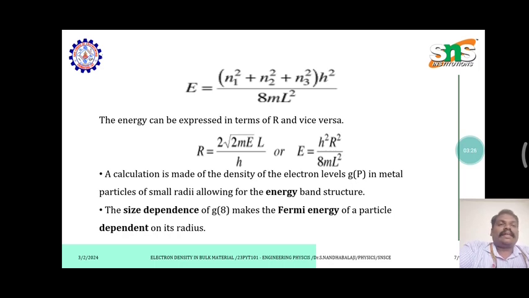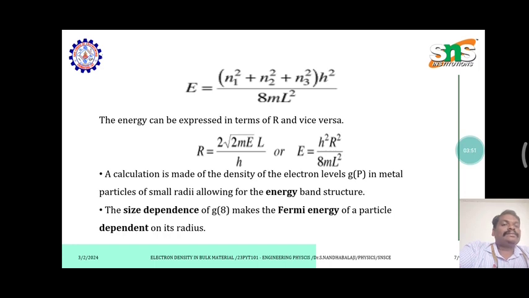The energy can be expressed in terms of R and vice versa. R = 2 √(2mE) L / h. Whenever, the energy is E = h² R² / 8mL².